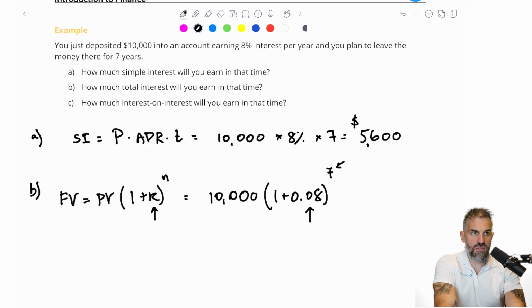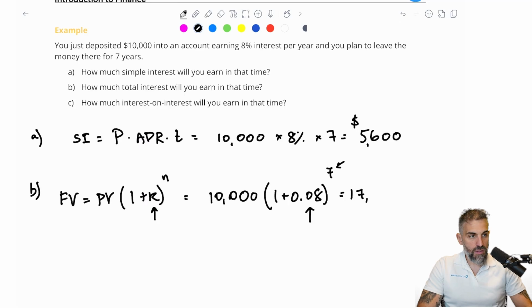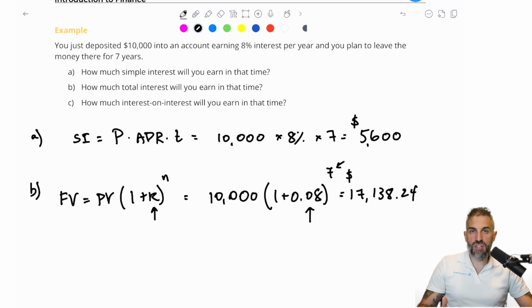So 10,000 times 1.08 to the 7. You have $17,138.24. Okay, so this is your future value. This means that the $10,000 you started with has grown to become $17,138.